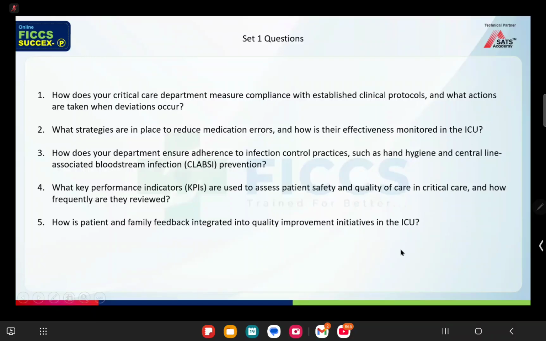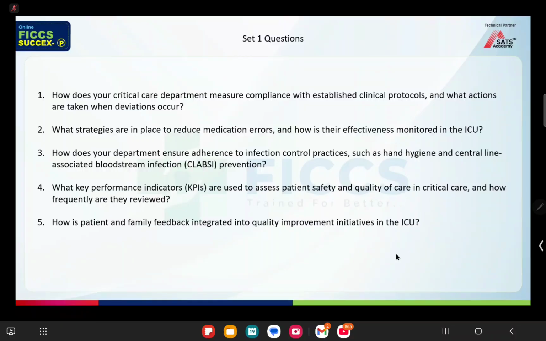Okay. Like suppose, if the components of the VAP bundle are not getting followed at the bedside, we have an auditor who every day makes a list of patients who are on a ventilator. Their data is collected. Then VAP bundle checkpoints are made, and a simple tick mark and cross are made on that checklist, or a name is written.